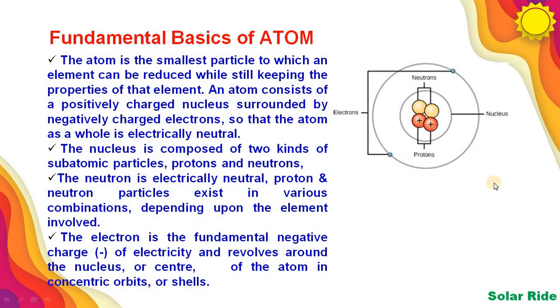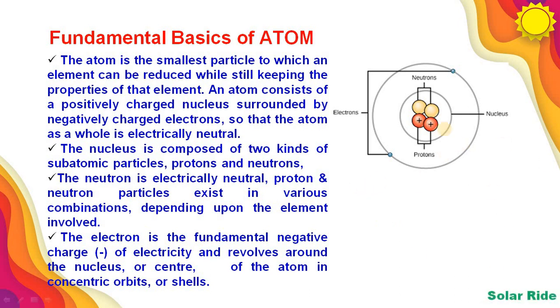The first one is the atom. Fundamental basics of the atom: the atom is the smallest particle to which an element can be reduced while still keeping the properties of that element. An atom consists of a positively charged nucleus surrounded by negatively charged electrons, so that the atom as a whole is electrically neutral.